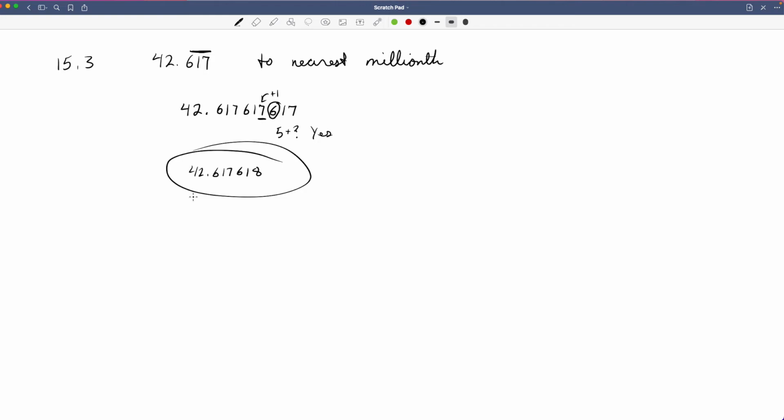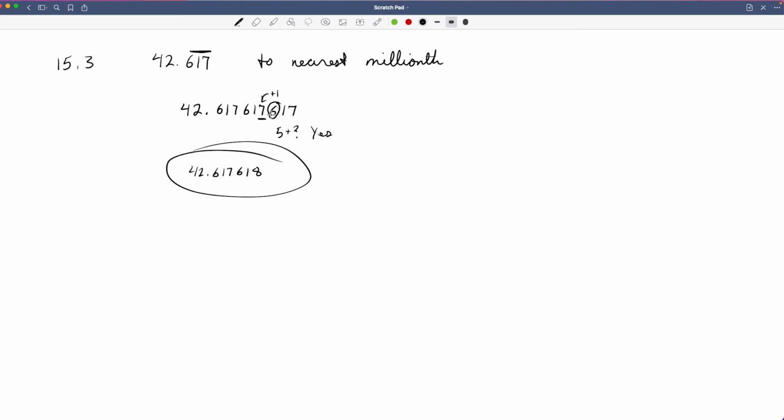All right, so what I did was I just repeated the repeating decimal number, or the repetend. I repeated the repetend until I was well past the millionth position. Then I identified the place I needed to round, and I looked to the right and said, is that 5 or more? The answer was yes.